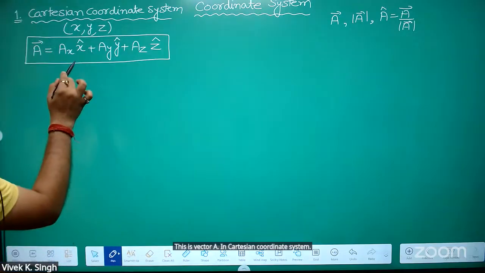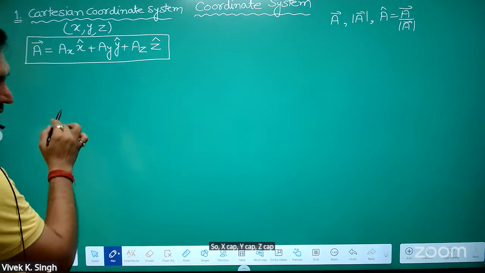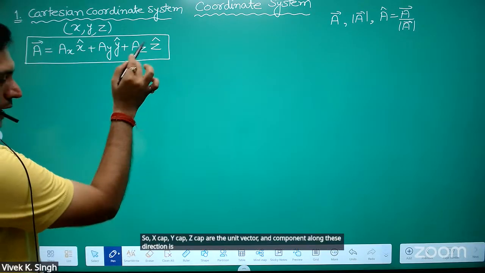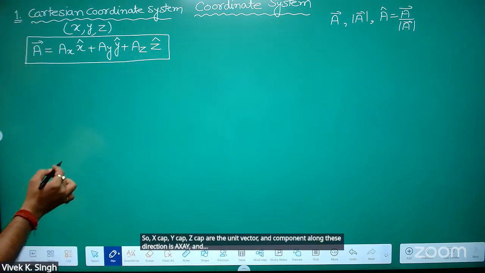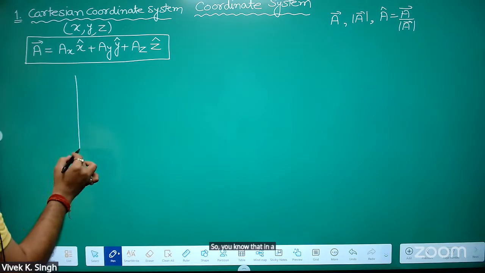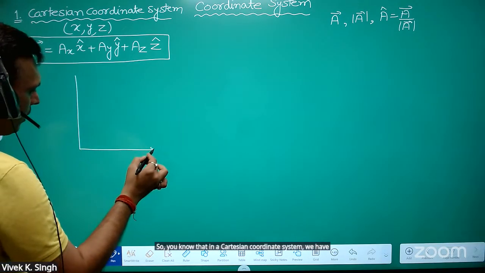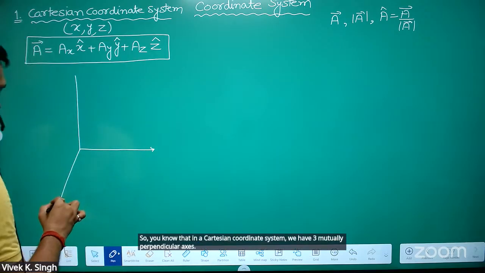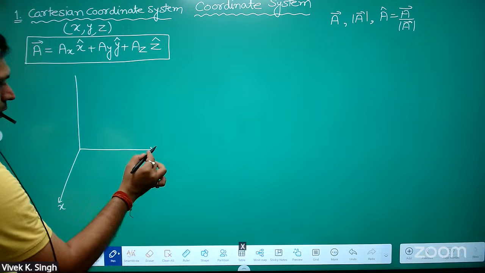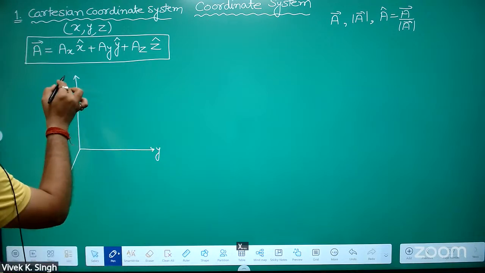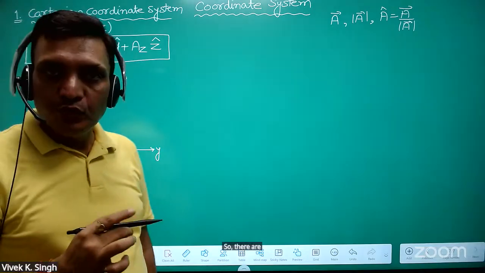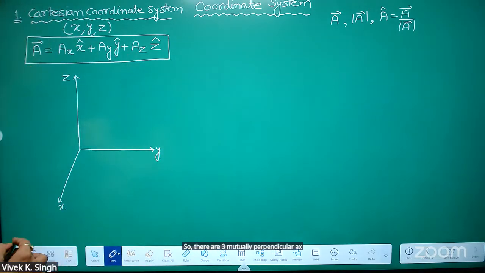So x cap, y cap, z cap are the unit vectors, and the components along these directions are AX, AY and AZ. So you know that in a Cartesian coordinate system, we have three mutually perpendicular axes, X, Y and Z.